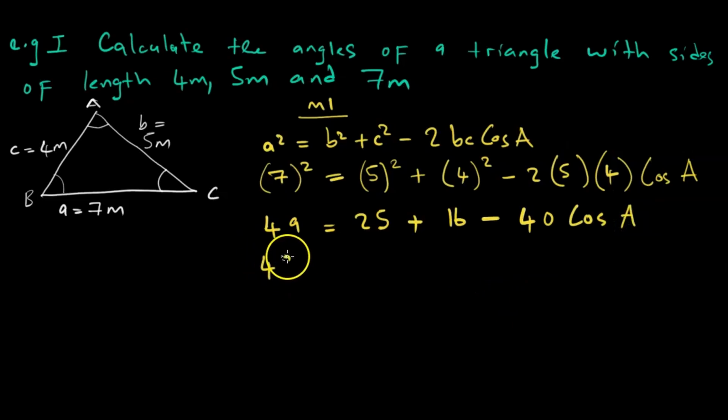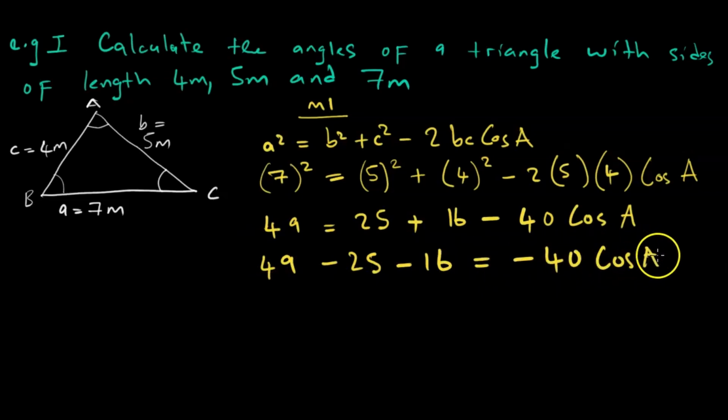So obviously it's 49 subtracting 25, and 25 is positive, then 16, the same happened: from a positive 16 it crosses over to a negative 16. So this is equal to minus 40 cos A, taking note that it should be minus 40.